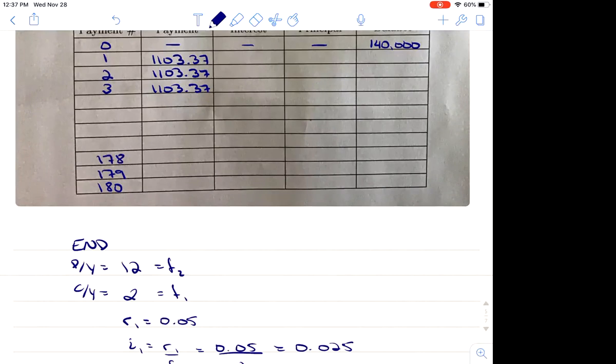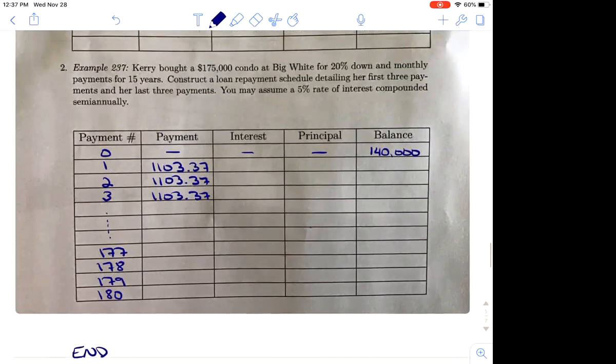That would give us our last 3 payments, but we need 177 in order to find 178. So we need 177 as well. We don't need any payments in between because I didn't ask for any. Construct a loan repayment schedule detailing her first 3 payments and her last 3 payments. So that's what we're doing.